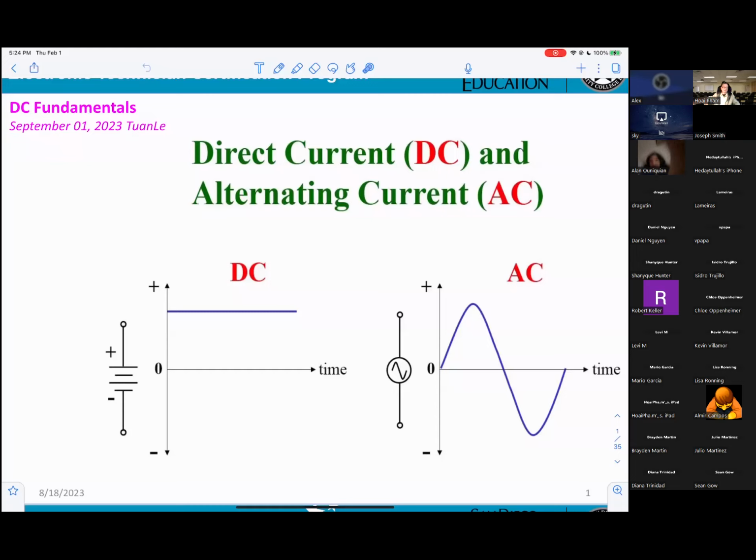How many volts? 12. 12 volts, correct? And you get one red positive and the black will be negative. You understand me? Whatever they want to do, they must be using DC power, not AC. Okay? I gave you an example.